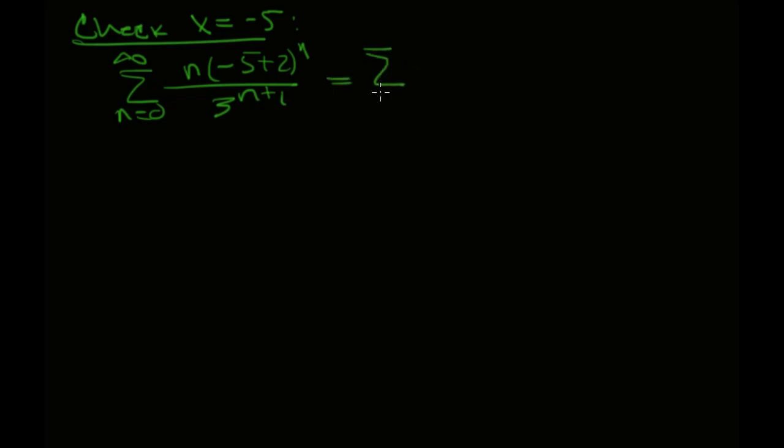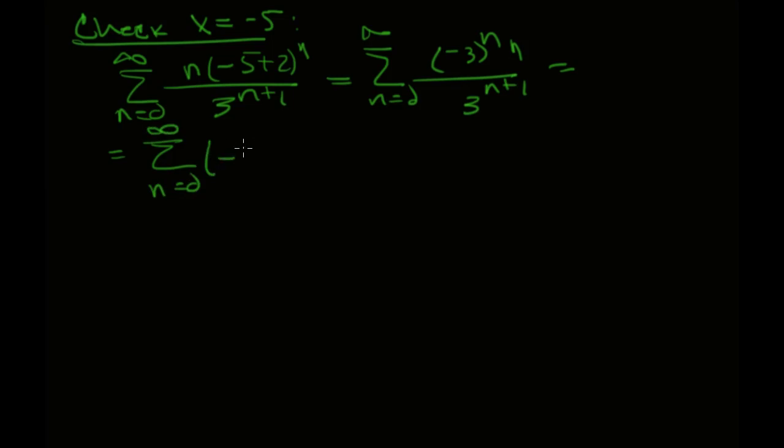This is the same as the sum of (negative 3) to the n times n over 3 to the n plus 1. Let's just think through what's happening here. I have the sum from n equals 0 to infinity. That's going to give me (negative 1) to the n, times n over, and I get one of these 3's left, so that's going to be n over 3.